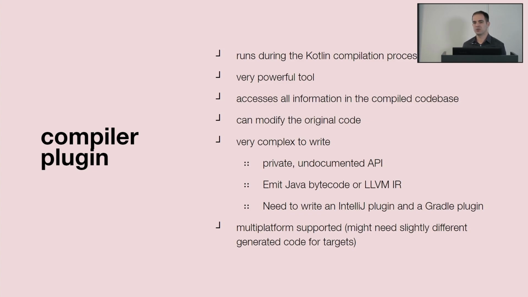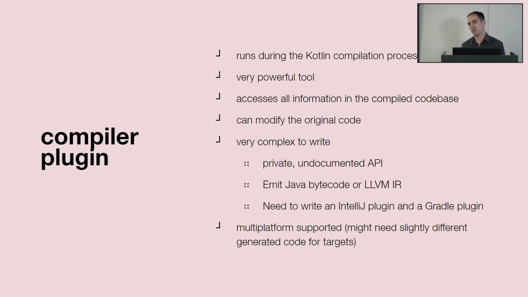And finally, if you want to write a Kotlin compiler plugin which behaves well and is very user-friendly, then you have to first write the Gradle plugin which runs in the command line. But you also have to write an IntelliJ plugin, so an IDE plugin, which will run during code assistance, and you have to recreate the whole processor in IntelliJ as well.